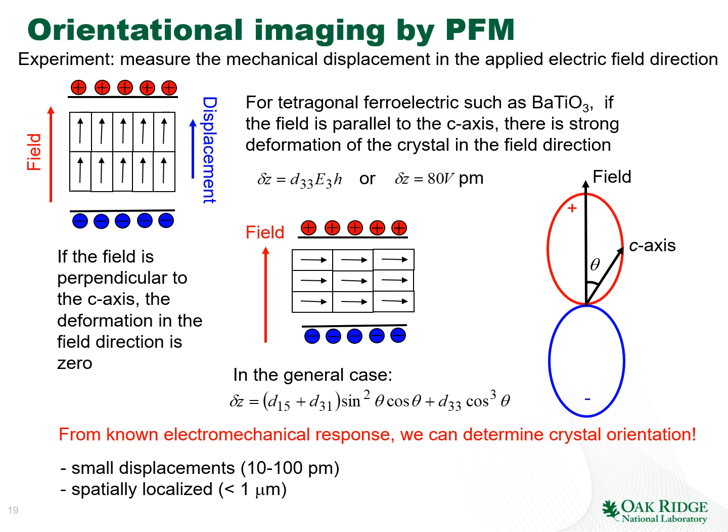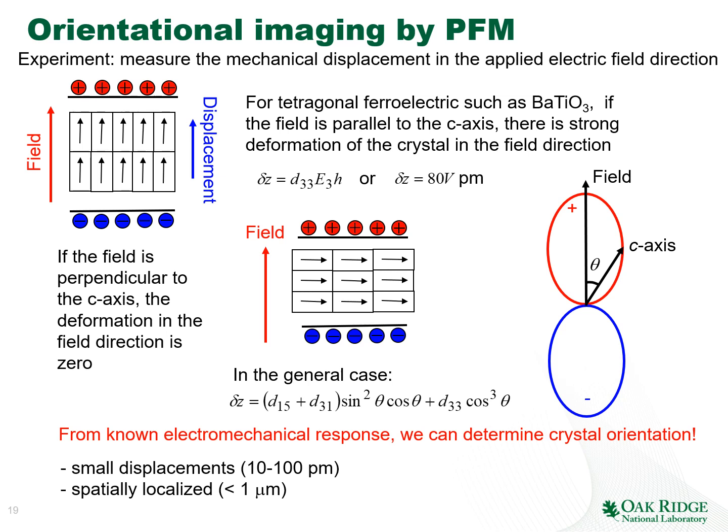For example, for tetragonal materials such as barium titanate, if the field is parallel to the c-axis of the material, the deformation is very strong, about 80 picometers per volt. However, if the field is perpendicular to the c-axis, then the deformation is zero.